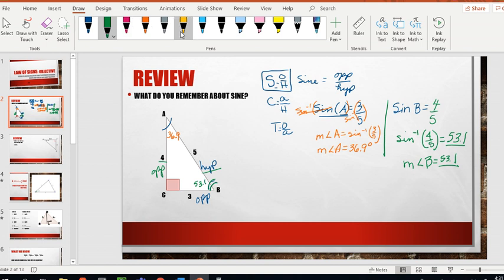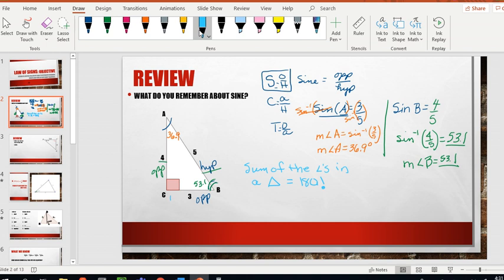Now, you should remember one thing about a triangle, and that is the sum of the angles in a triangle equals 180 degrees. That is extremely important.